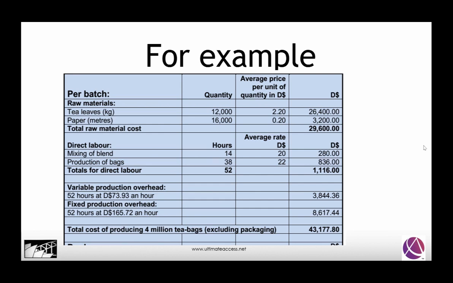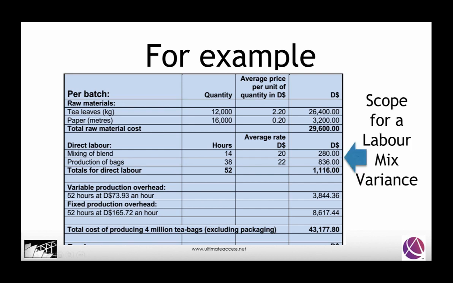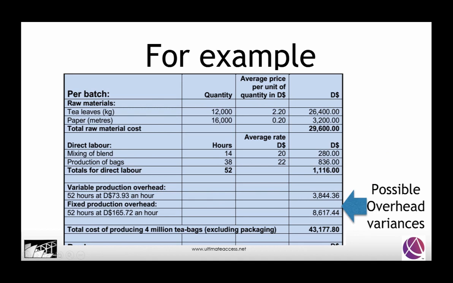The other one could be in the labour mix. Here we would expect a large batch of black tea to require 14 hours of labour for mixing and 38 for the production of bags. So you can see an opportunity for a labour mix variance there. Similarly, there could be overhead variance questions as well.